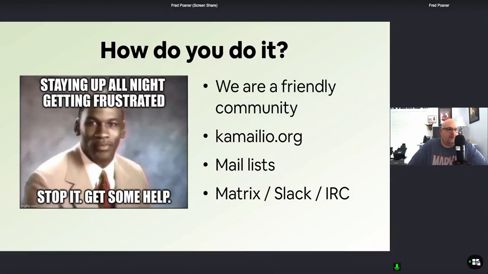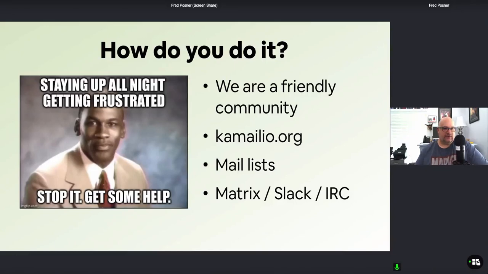The website for the project is kamailio.org. From there, you can get some mail lists. We have a users mail list for those that are just looking for implementation and deployment. There's a developers mail list for those of you that would like to contribute to the development of the project. Again, it's open source, so all the source code is available and contributions are encouraged and accepted from the community.